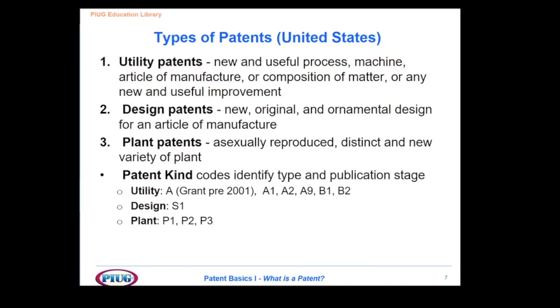The B1 would appear if there is a grant without a previous published application, whereas the B2 would represent a grant after a previous pre-grant publication. The S1 represents a design patent, and there are three kind codes for plant patents, P1, P2, and P3.